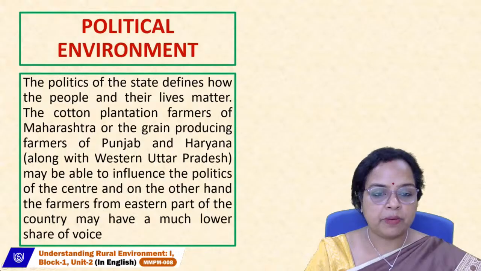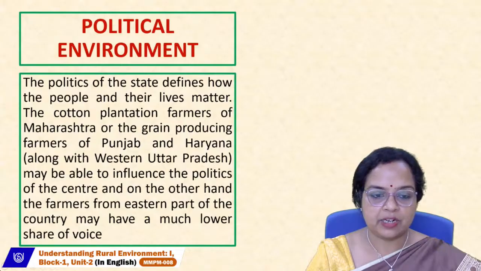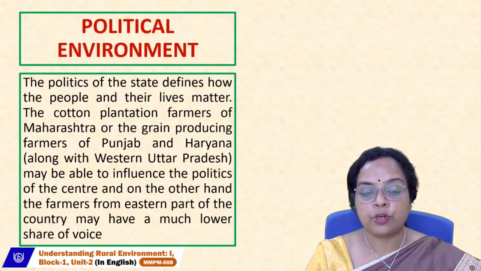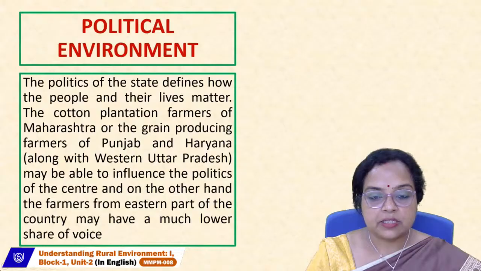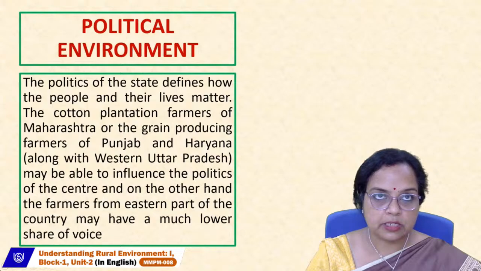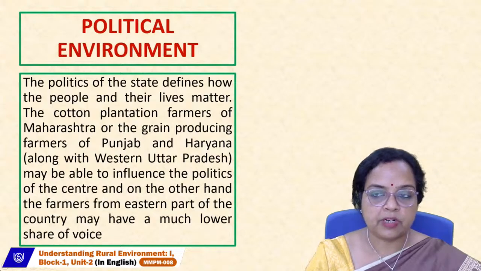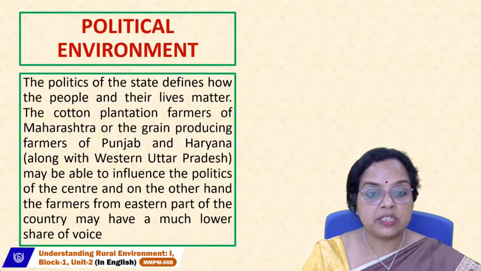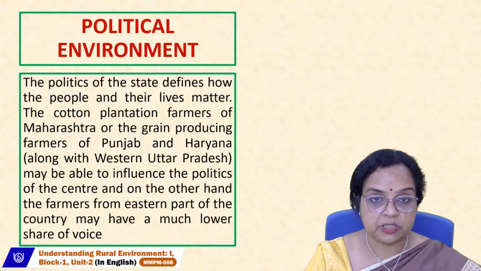For example, the cotton plantation farmers of Maharashtra or the grain producing farmers of Punjab and Haryana, along with Western Uttar Pradesh, may be able to influence the politics of the center. On the other hand, the farmers from the eastern part of the country may have a much lower share of voice. We all know Punjab and Haryana are the states with maximum production of wheat, and these farmers are in fact influential, considering them as large scale businessmen.